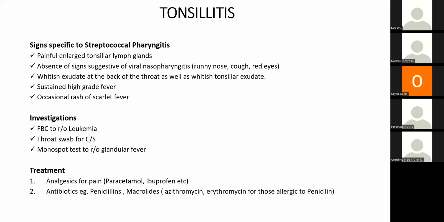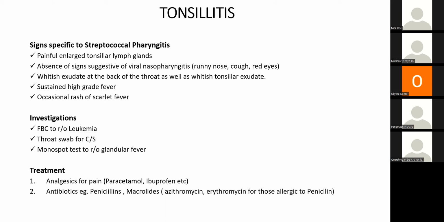Investigations: usually because of these rashes and because of the tonsillar lymph gland involvement, we would quickly want to rule out leukemia, because a typical leukemia would also present with enlargement of the lymph glands around the cervical region. You may also want to do a throat swab for culture and sensitivity to be very sure as to what organism is causing this tonsillitis.